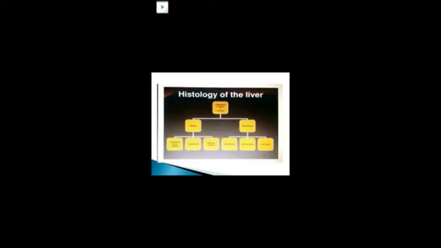Basically, this is contributed by the stroma and the parenchyma. The stroma is formed by connective tissue, the trabeculae, the reticular network, whereas the parenchyma, as you all know, is contributed by the hepatocytes, blood vessels, bile ducts.